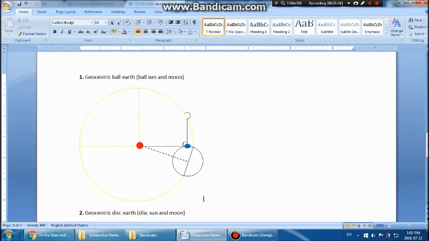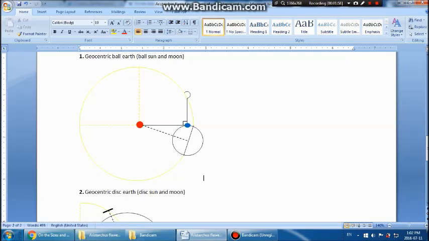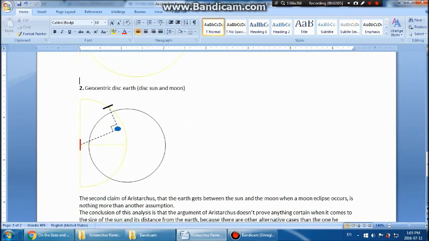So we can see that the geocentric model supports his premises just as well. The distance between the sun and the earth, which is denoted by this dotted line, is the same as the distance between the moon and the earth. And the sizes of the sun and the moon are the same. So it's okay for the geocentric ball earth, in my opinion.